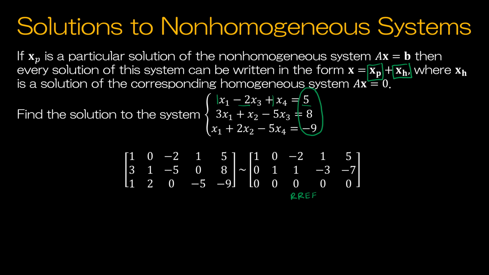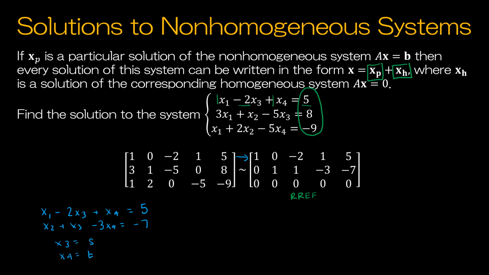So I'm going to do this the same way that we did before, which is 1x1 minus 2x3, taking this first row, rewriting it as an equation, plus x4 is equal to 5. So now instead of equal to 0, it's equal to 5. And then I've got x2 plus x3 minus 3x4 is equal to negative 7. And then I've got x3 is free and x4 is free.